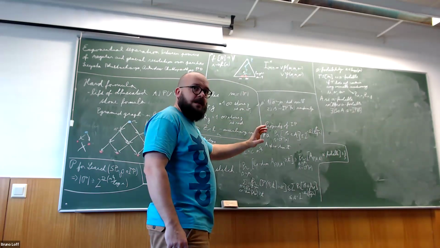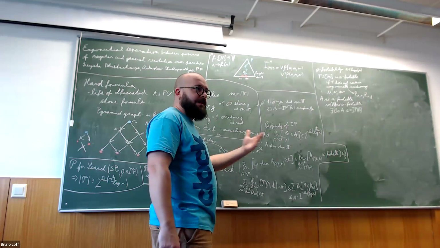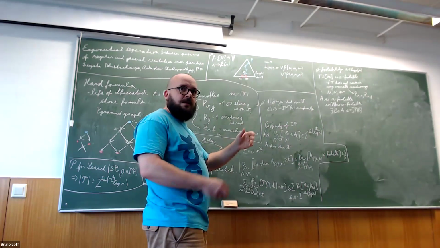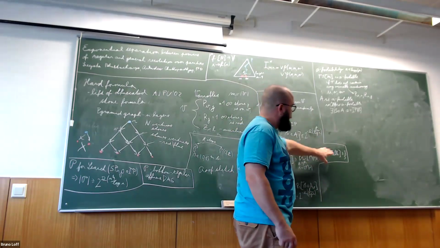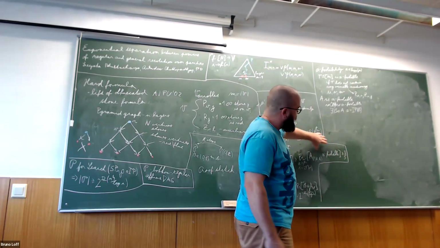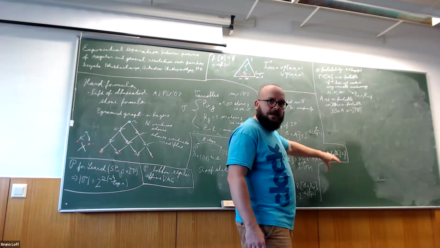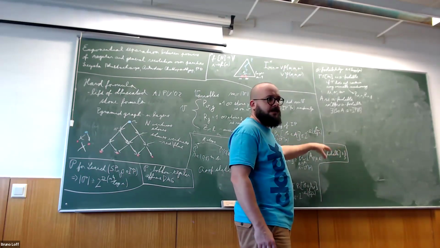And by the simulation theorem, it is hard also for standard decision trees. So this inequality is proved by a lower bound and lifting for decision trees.